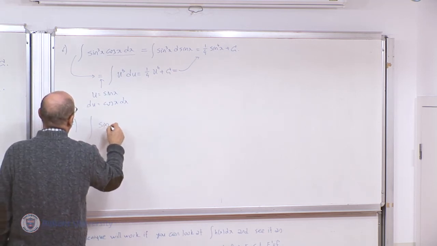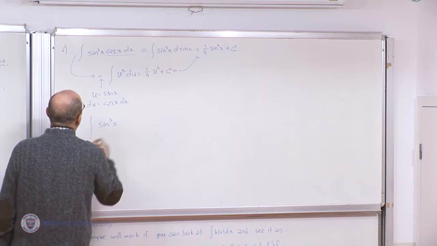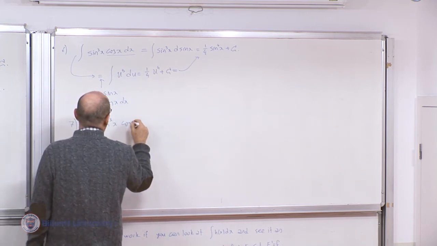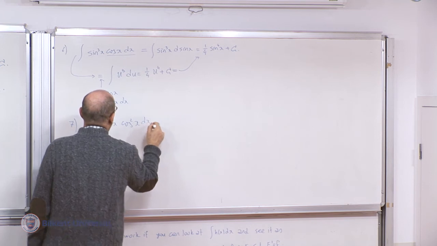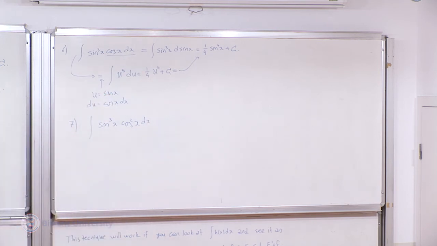Okay, let's complicate this a little bit. Integral of sine cube x cosine square x dx. Okay, so I just pumped it up with an extra cosine. So what do you suggest now? Shall we try the same thing? So that's the general philosophy in life. If something works, you try it again until you fail. Okay, then you find something else.